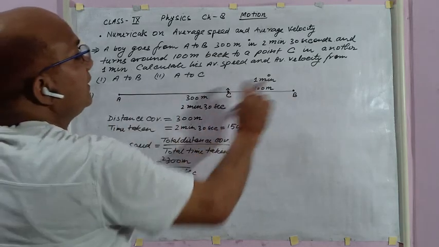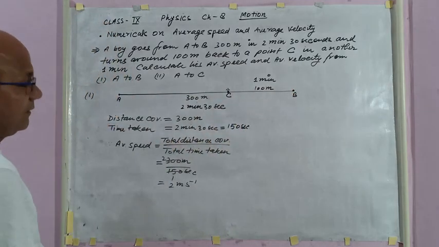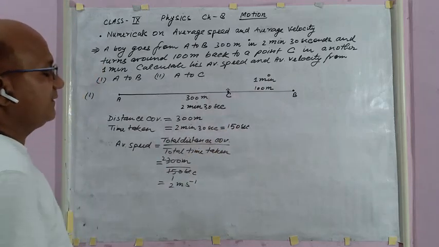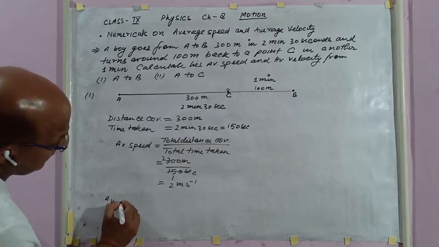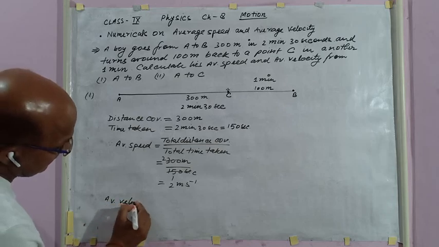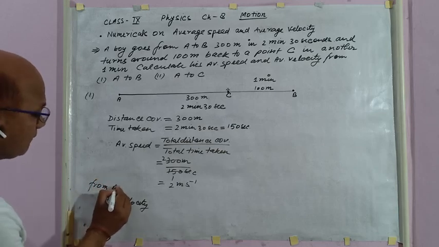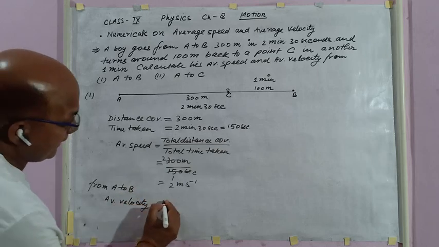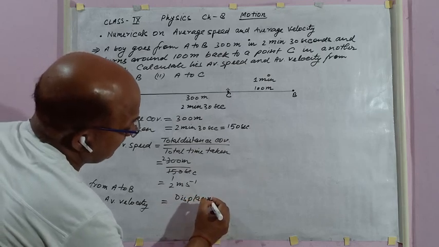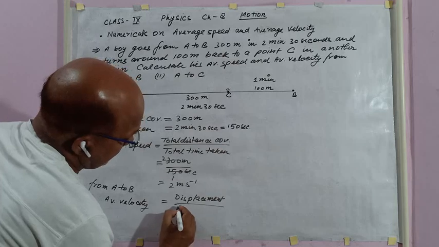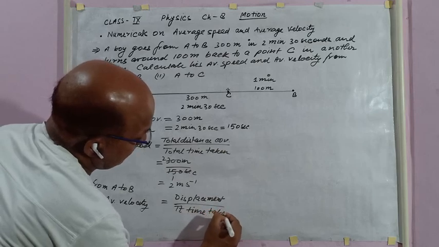When he goes from A to B, the displacement is 300 meter and time taken is 2 minutes 30 seconds from A to B. So again, average velocity from A to B equals displacement upon total time taken.